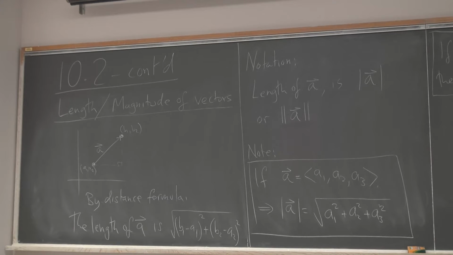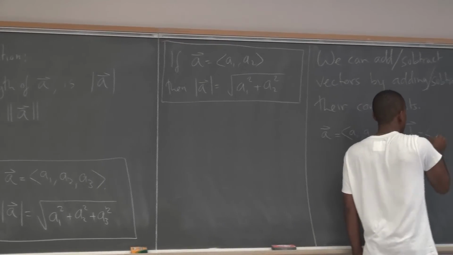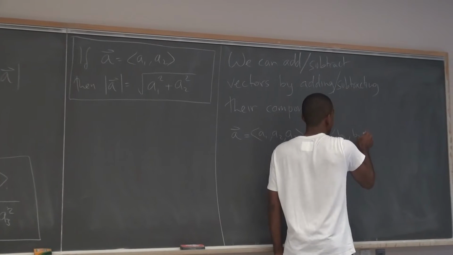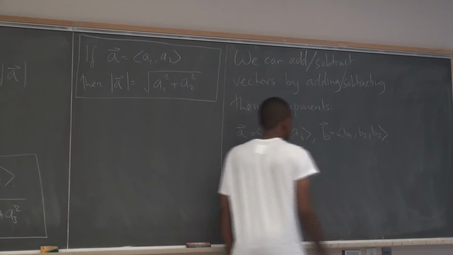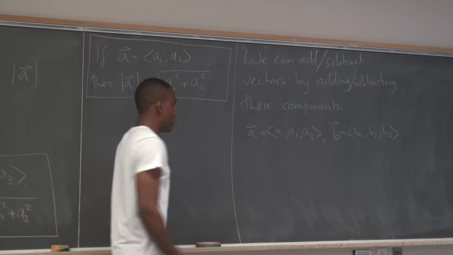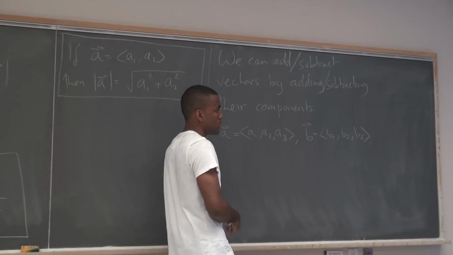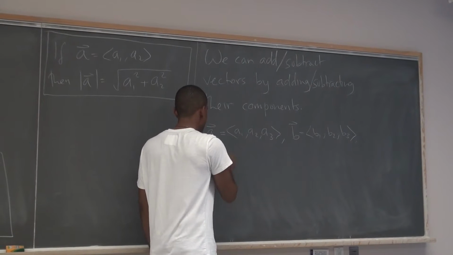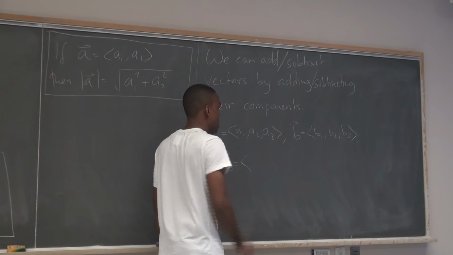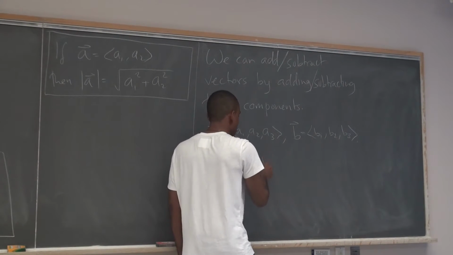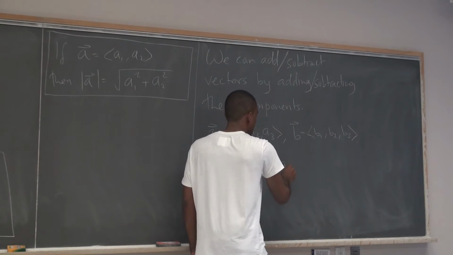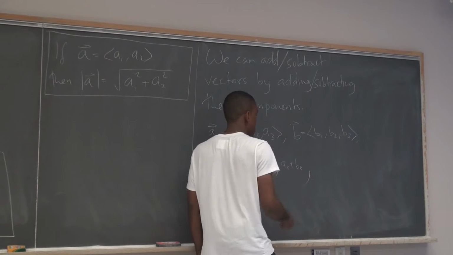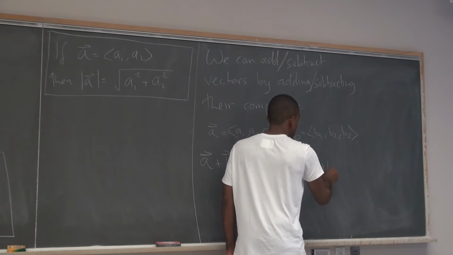If A is equal to A1, A2, A3, and B is equal to B1, B2, B3, then thankfully this is still consistent with the geometric interpretation that we had before. If I say A plus B, I can literally write down those components as A1 plus B1, comma, A2 plus B2, comma, A3 plus B3.